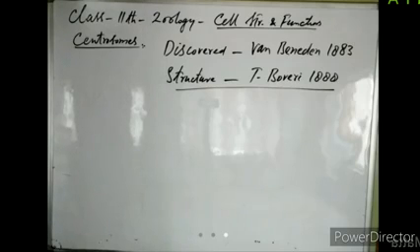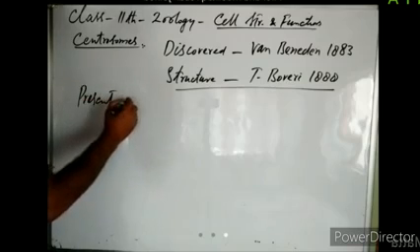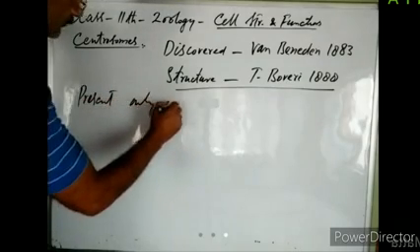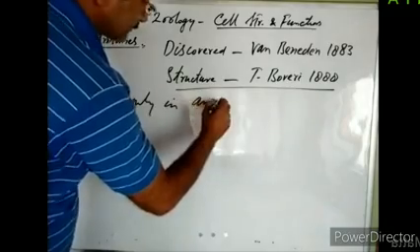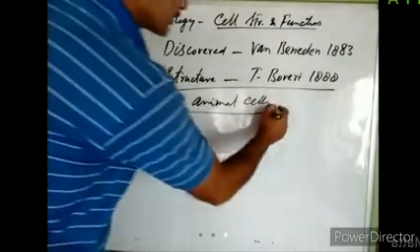These centrosomes are present only in animal cells. They are not found in plant cells. They are absent in plant cells.